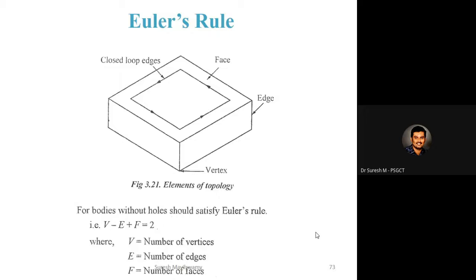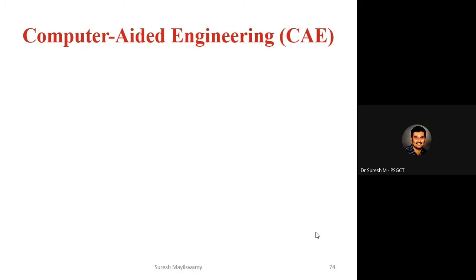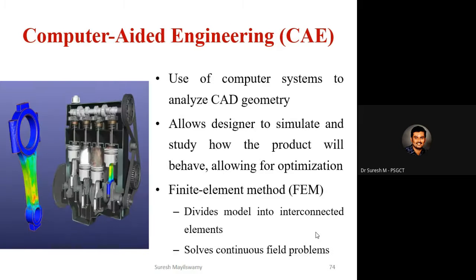These models are developed by using a geometric model, and they will be analyzed by using engineering analysis software. For that, we have separate software. So this is computer-aided engineering. Use of a computer system to analyze CAD geometry allows the designer to simulate and study how the product will behave, allowing for optimization.